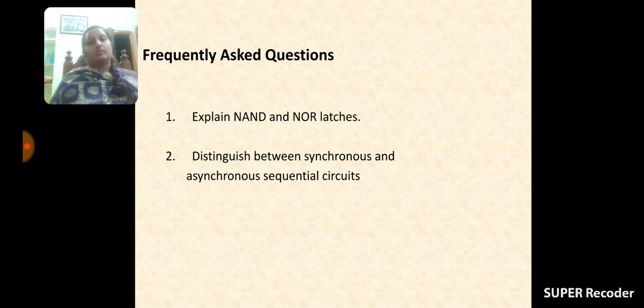Coming to the 1 mark questions: state latch, state flip-flop, what is the need of flip-flop, and classify the triggerings, state edge triggering, state level triggering. All these are 3 marks as well as 1 mark questions.